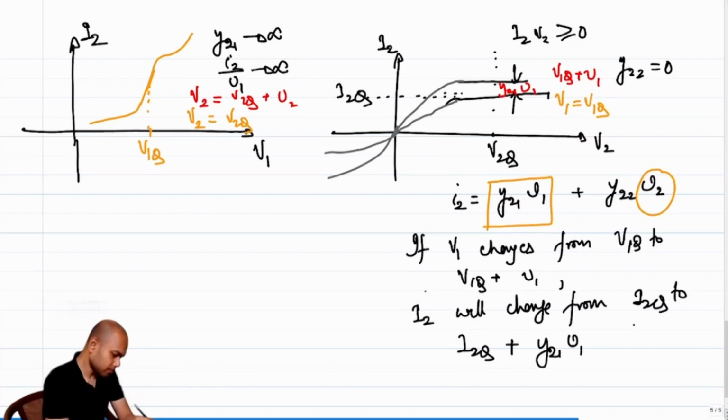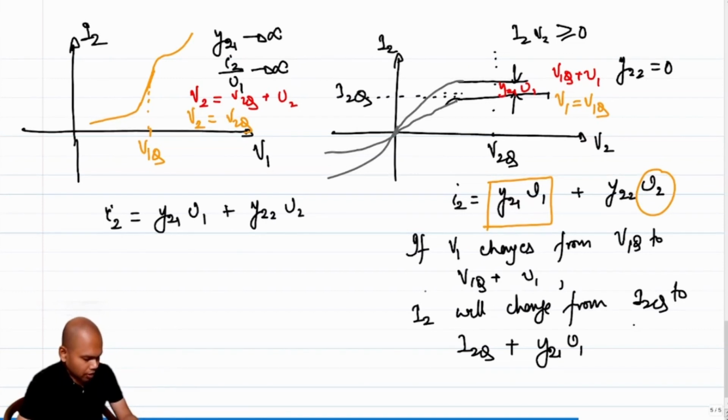So what's going to happen? What is I2? Incrementally, my i2 is Y21 v1 plus Y22 v2. If we are not changing V1Q, that is, we are sitting on V1Q, and we have changed V2, I want to see what is going to be the change in I2 if I change V2.